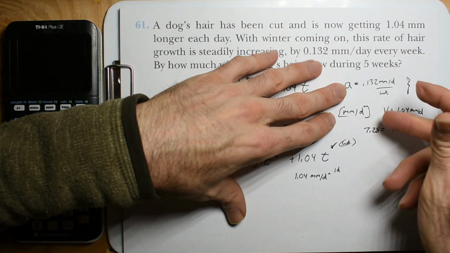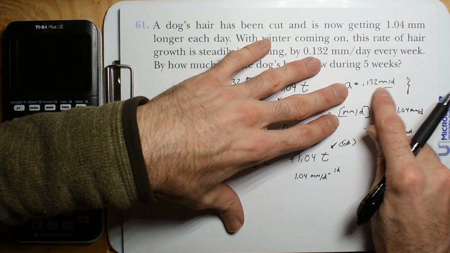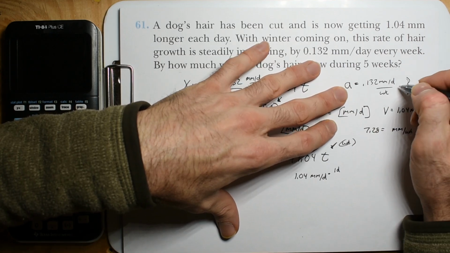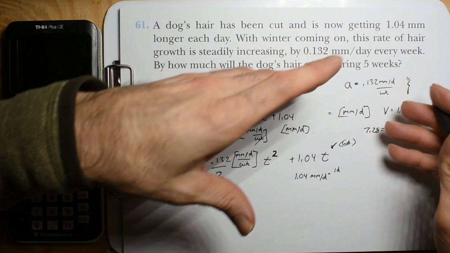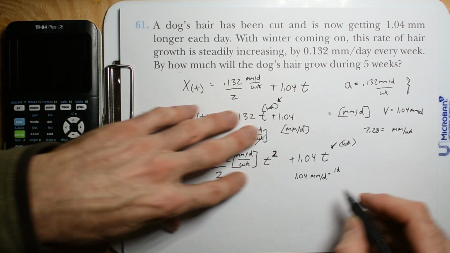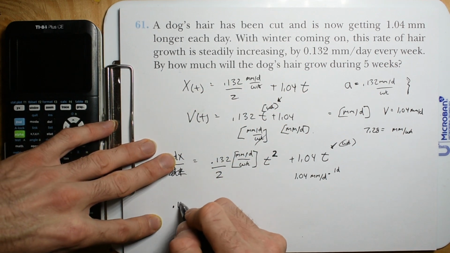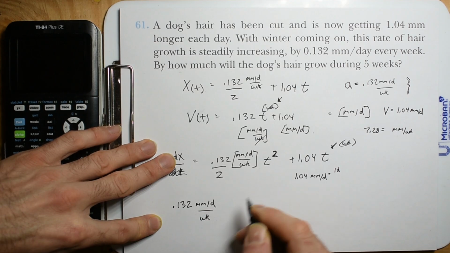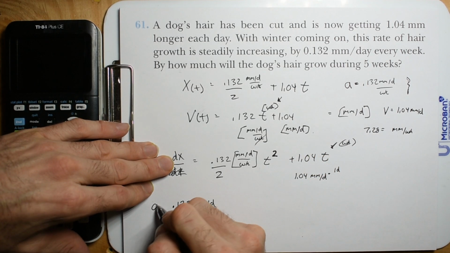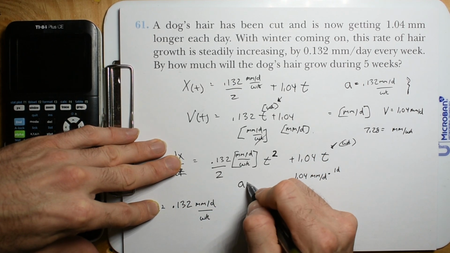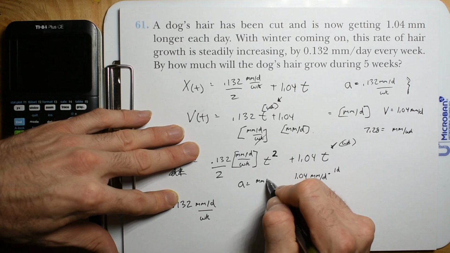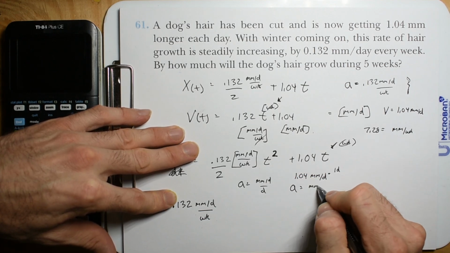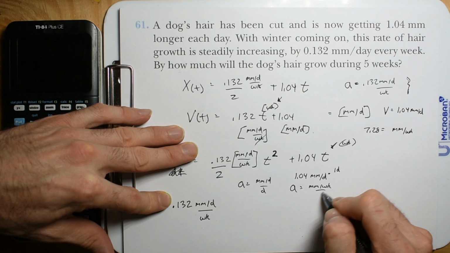So why can't I take 0.132 millimeters per day per week and change it? Let's do that right now. So we're going to take 0.132 millimeters per day per week, and we want to change it to two things. We want acceleration in units of millimeters per day, and then we also want acceleration in millimeters per week.